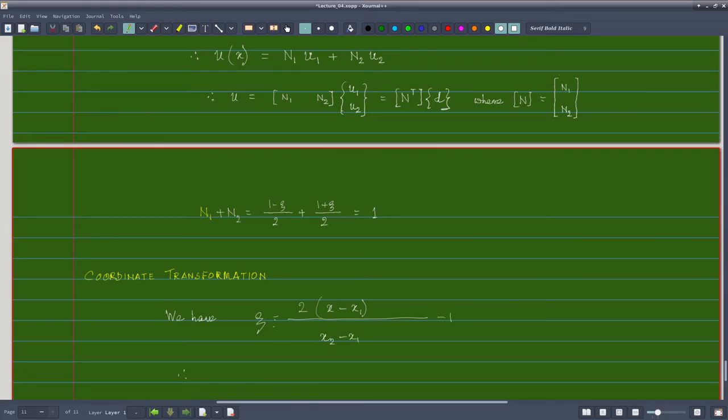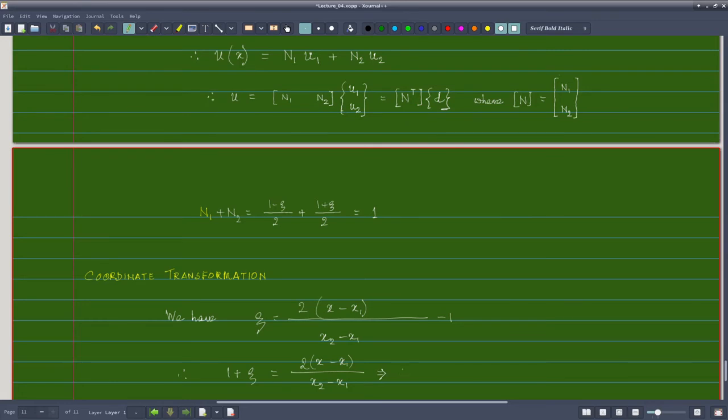So from here, if I add 1 on both sides, then 1 plus xi becomes what? 1 plus xi becomes 2 into (x minus x1) by (x2 minus x1). Okay. And therefore from here I can find out the value of x. So therefore x will be how much? (x2 minus x1) into (1 plus xi) is equal to twice (x minus x1), right?